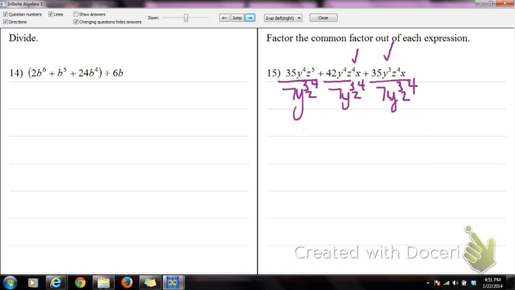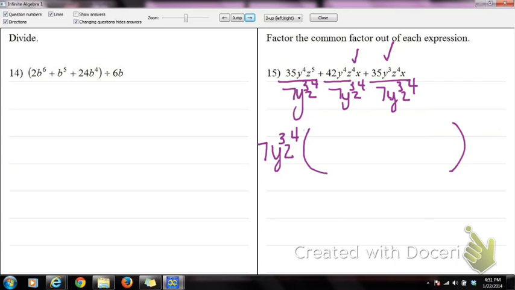So if it does not go into all 3 parts, we cannot divide by it. Instead, we have found our GCF, and we write it down outside of parentheses. We draw our parentheses, and we divide each term by the GCF.